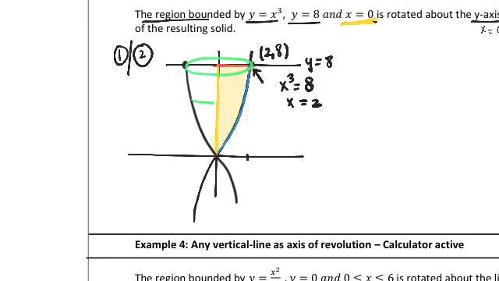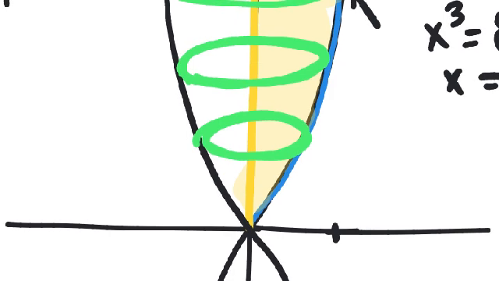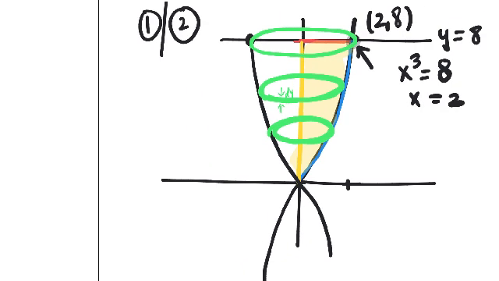Okay, so here are the boundaries of the solid. Now you can see the thickness of the solid is this way. That's the thickness of the disk. It's a little piece of y, so dy means a little piece of y.